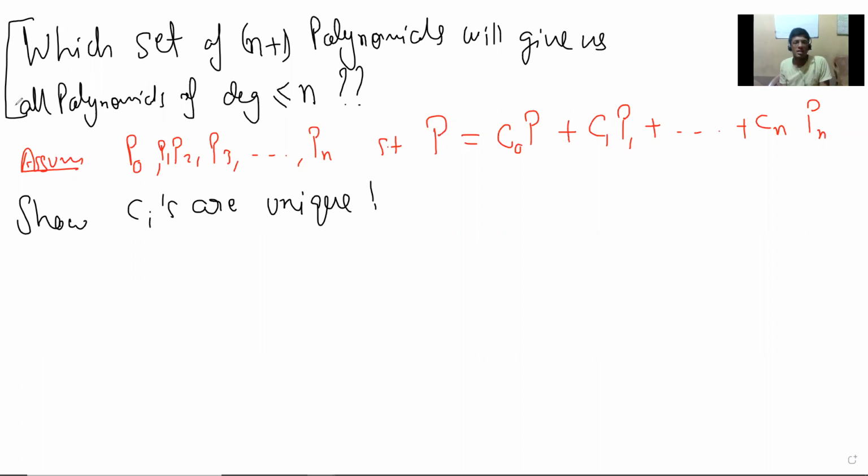Can we show that these c_i's are unique, or are they unique? Let's think about that. So far, the c_i's have been unique. So this is not some out of the blue thing, right? So basically, then in that case, it has to be done in a unique way.